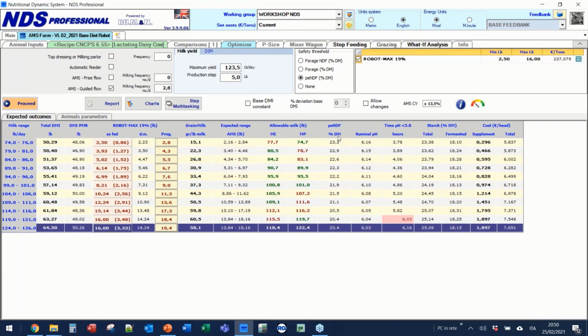Then we have some parameters that can help us identify if the different diets we are feeding to the different cows based on the steps we define are safe or not. We monitor rumen pH, the time of rumen pH below 5.8, total starch, fermented starch, and the cost of the supplement and the total cost of the diet.